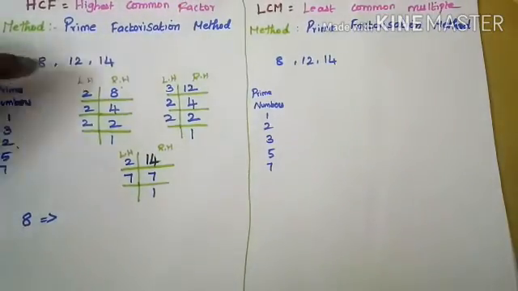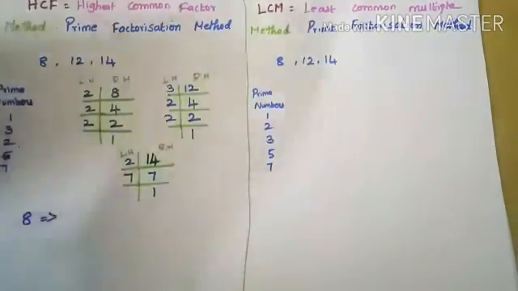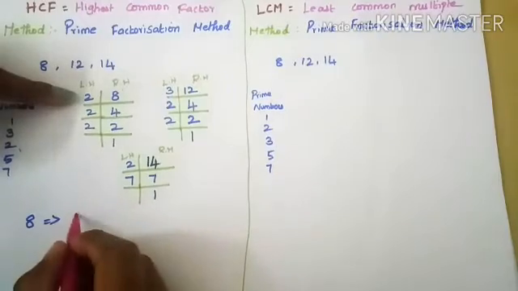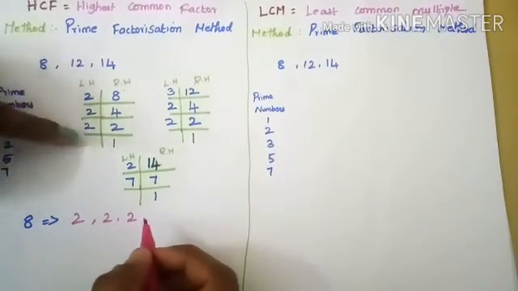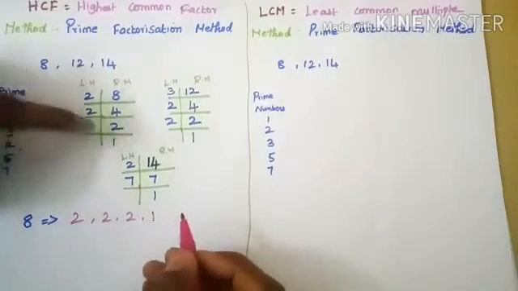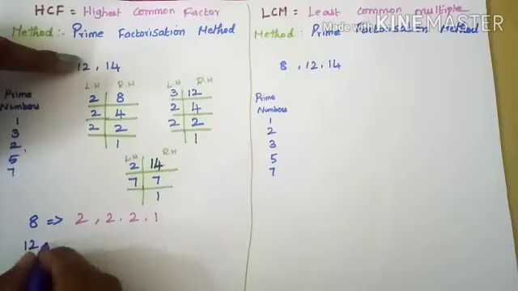So now look at this. 8. What are the factors of 8? 2, 2, 2 and 1. Right. The next number is 12.